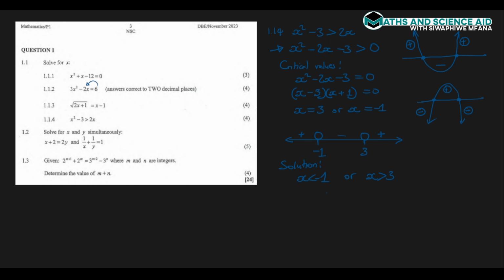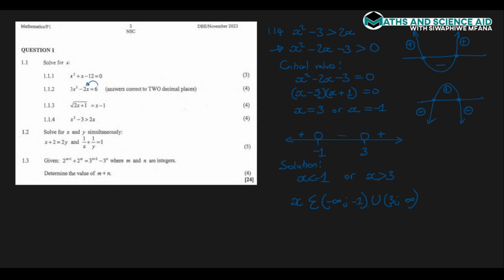And as you already know, alternatively, you can also write this in the set notation. So you can say, for example, x is an element from -infinity to -1 union from 3 to positive infinity.